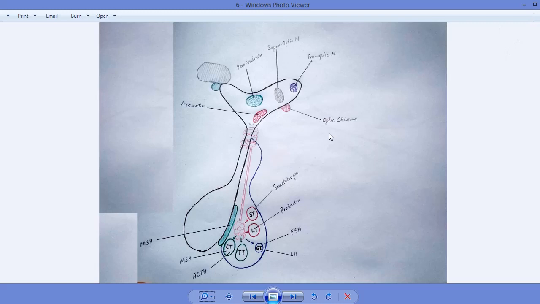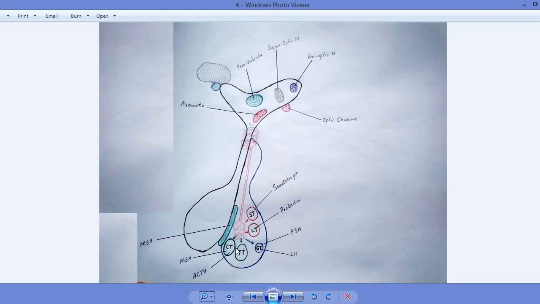Over here you can see that the somatotrope is responsible for the secretion of somatotropin. The lactotrope is responsible for the secretion of prolactin. The gonadotrope is responsible for the secretion of follicle stimulating hormone and also luteinizing hormone.